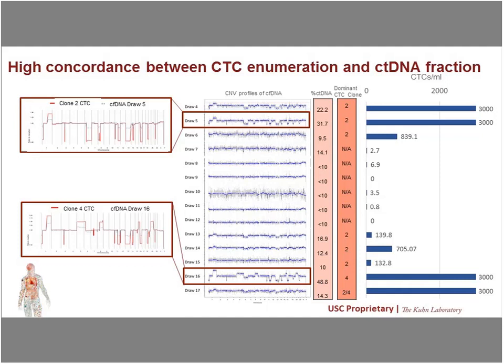For example, for draw 5, when subclone 2 is the dominant CTC clone, the cfDNA profile shows the clone 2 profile. So cfDNA CNV profiles reflect the most abundant CTC clones at that time point.